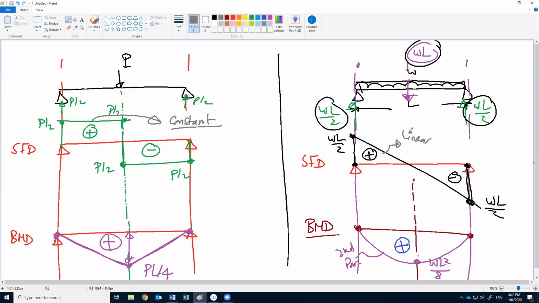Okay, so you have to consider this in your mind. For the moment, if we have concentrated force, the moment is a line. If we have uniform load, the moment should be a parabola or curve. Okay, these two cases are very important for you to keep in mind because this is our basic in drawing moment and shear.